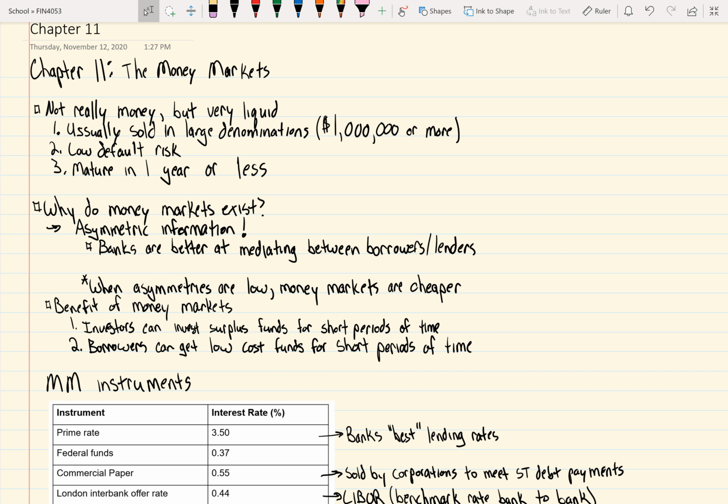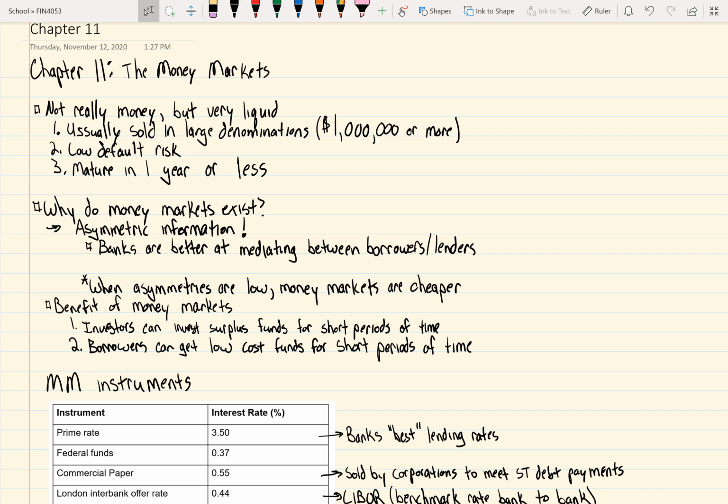So the benefits of money markets, a quick summary: investors on the investment side can invest surplus funds for very short periods of time. If a company has a bunch of cash laying around and maybe doesn't have an R&D project they want to invest in right now, they may as well invest it in a very low default risk investment because at least they can earn some return on that money rather than just letting it sit there.